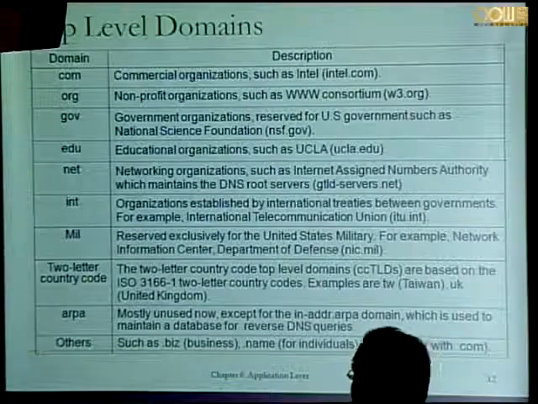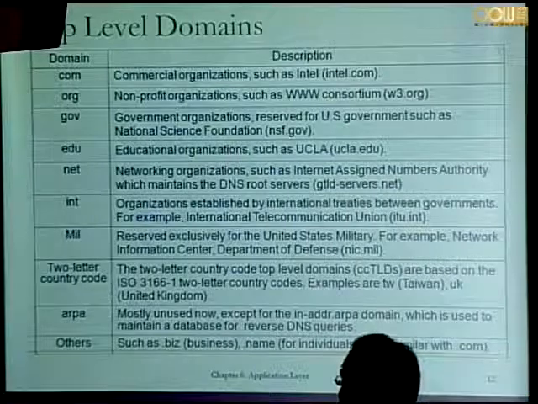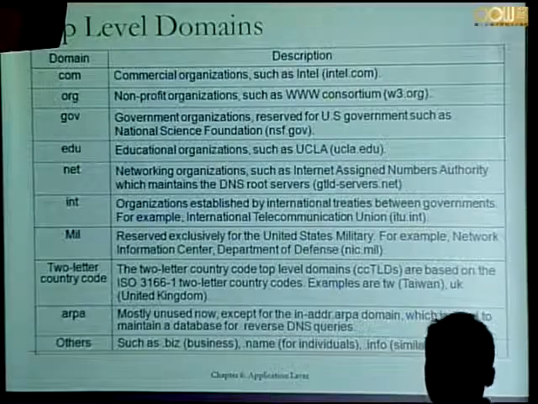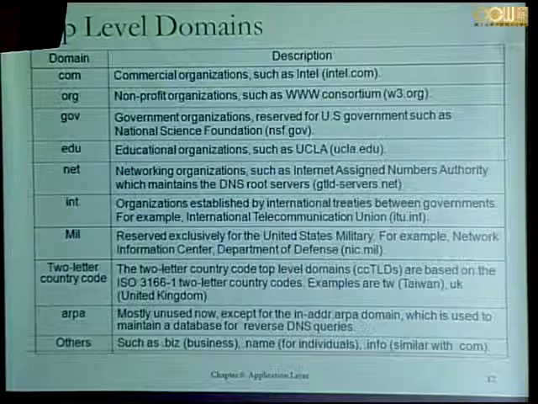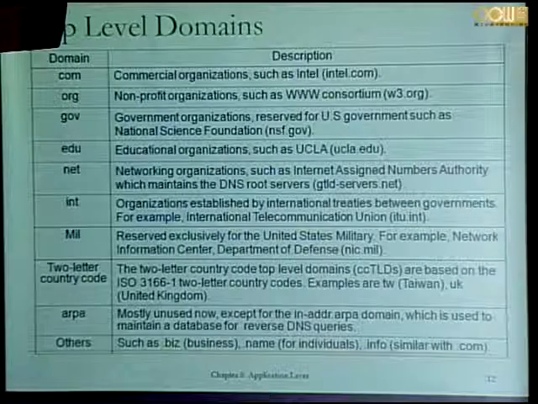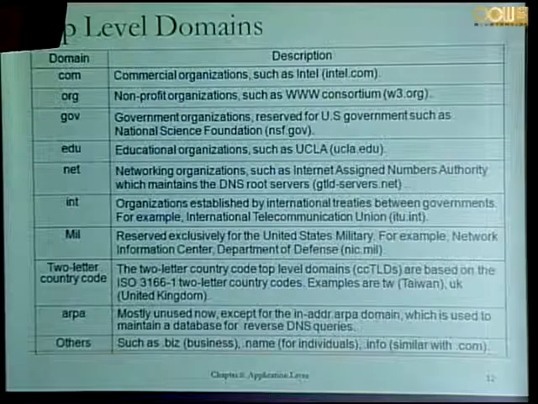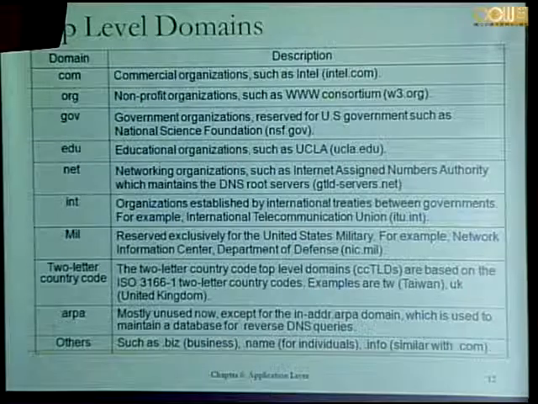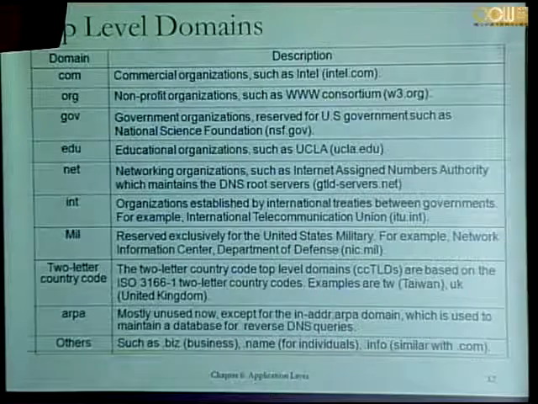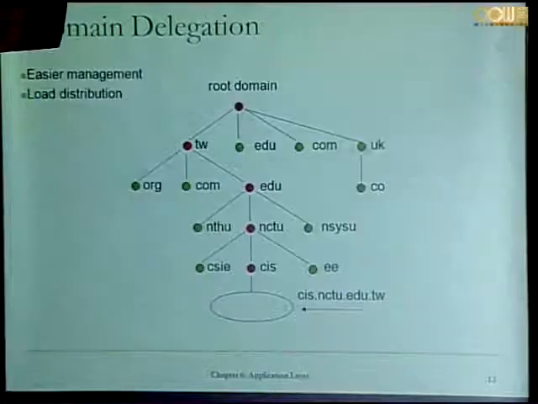The domain name space is organized into levels. The top level domains are things like com, org, gov, edu, which are the more common ones.